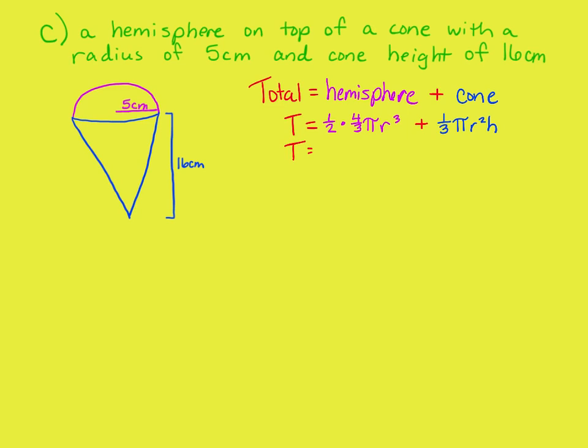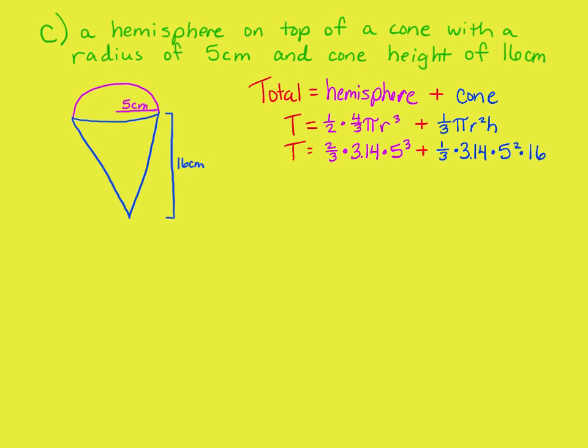For the hemisphere, 1/2 times 4/3 does simplify to 2/3, times pi, which is 3.14, times the radius, which is 5, cubed. And then for the cone, 1/3 times 3.14 times the radius, 5 squared, times the height, 16.